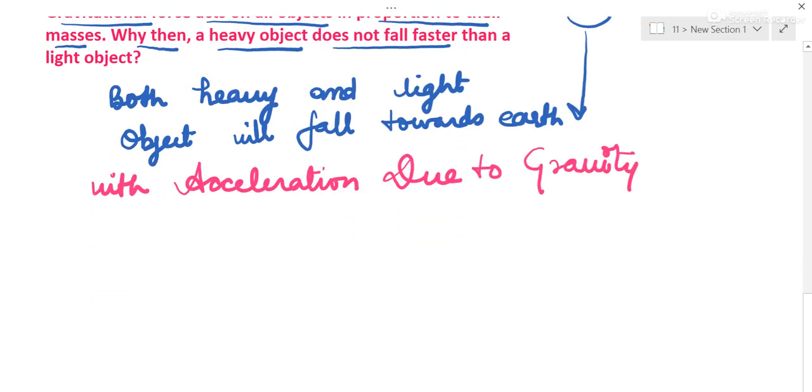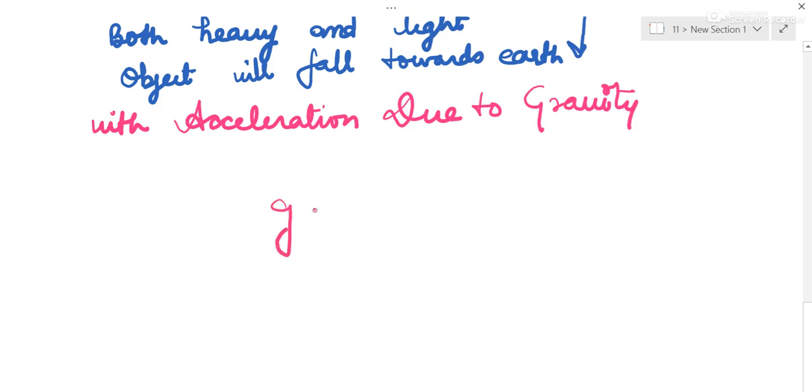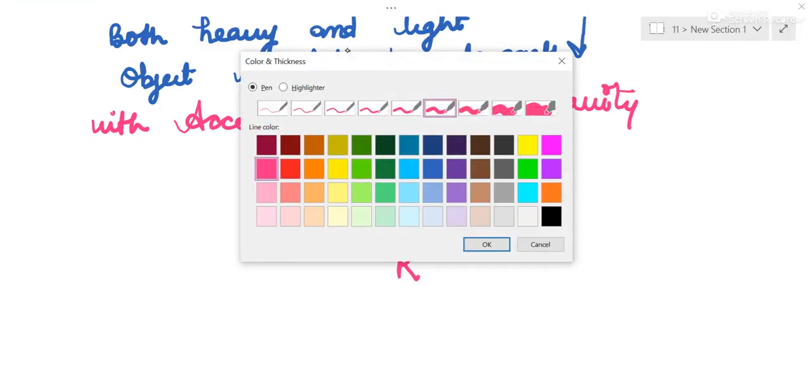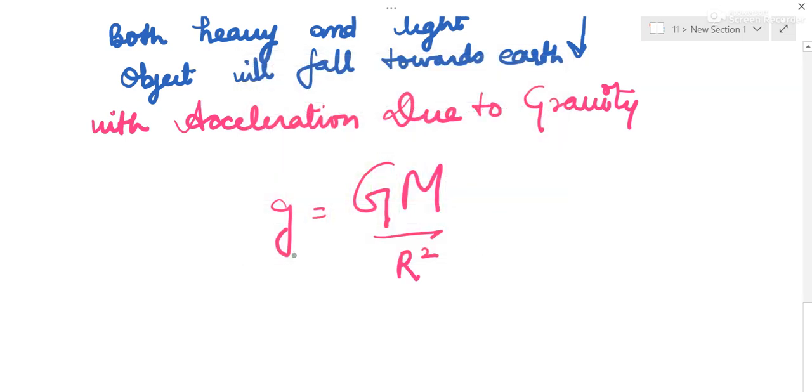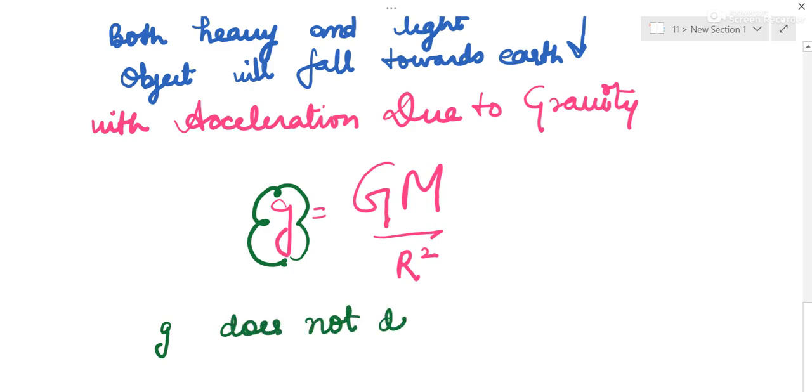And what is the formula of that acceleration? That formula is capital G M by r square. So there is no small m, there is no object's mass. So you can see acceleration due to gravity does not depend upon the mass of the object.